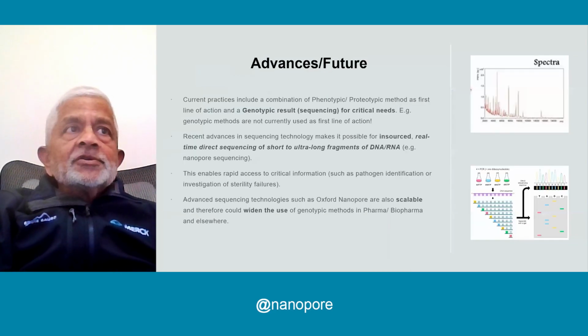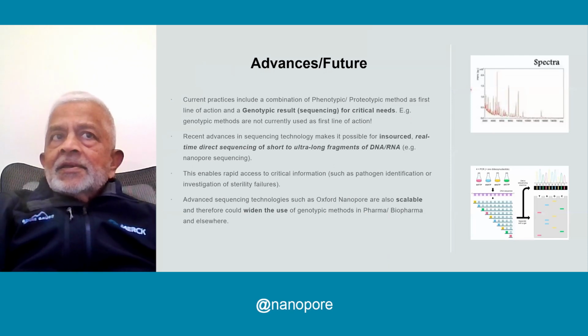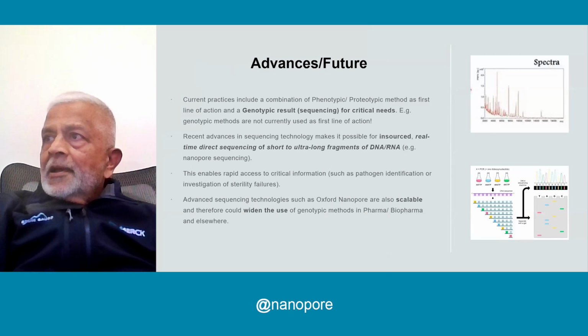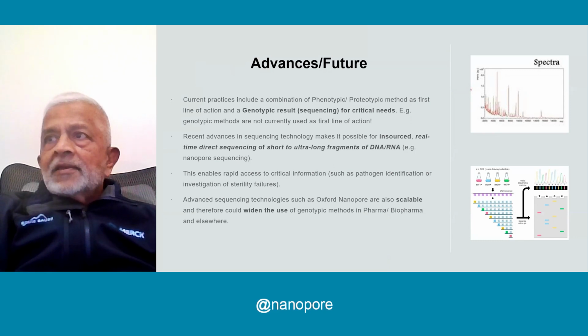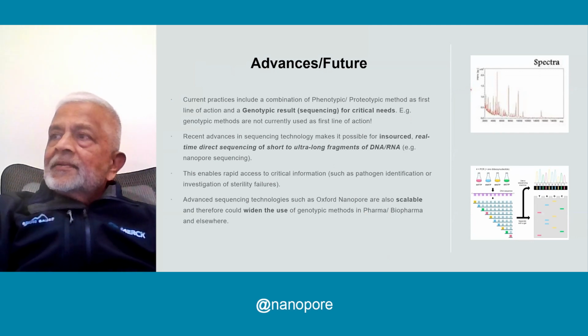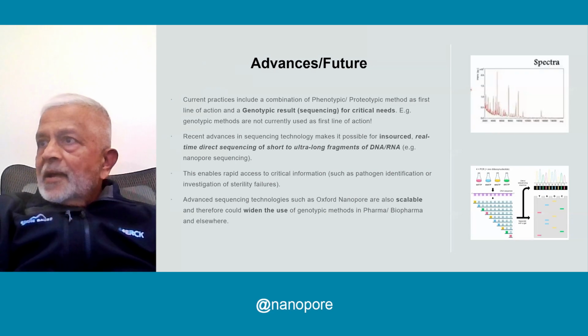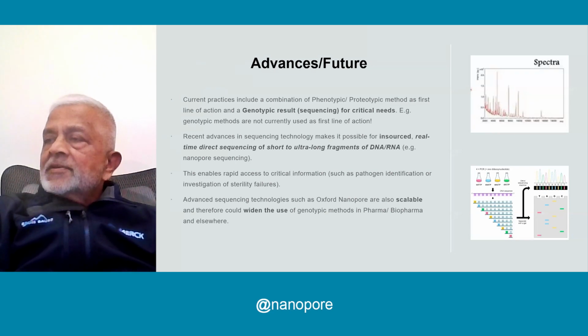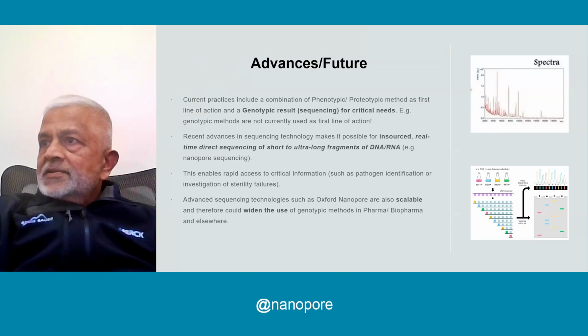So looking at the future, current practices include a combination of phenotypic or proteotypic methods with genotypic methods. Genotypic methods are not currently used as the first line of action, but as I said, recent advances in technology are making it possible to use genotypic methods more widely, and also bringing them in-house, and also for direct reads of short to ultra-long fragments.